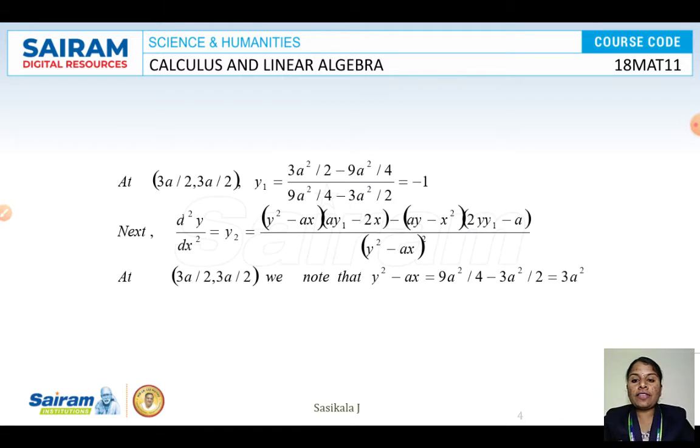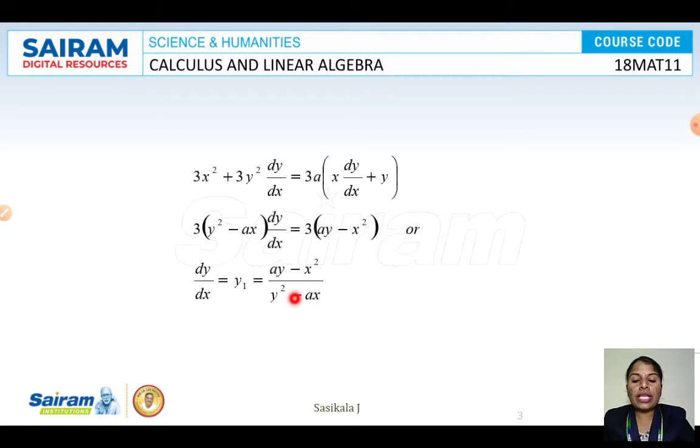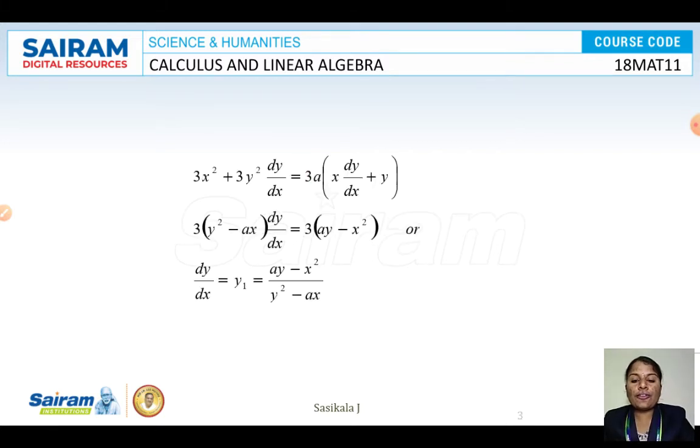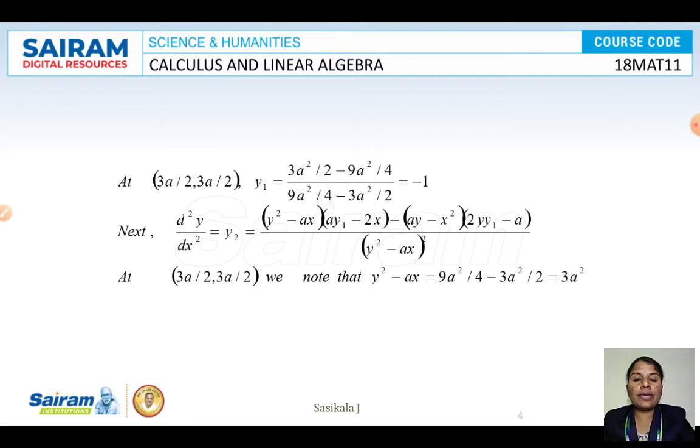So what is the next step? Immediately we are going to substitute at the point (3a/2, 3a/2). So y1 is equal to a into y, so a into 3a by 2, it will become 3a squared by 2, minus x squared. x squared is 3a by 2 the whole square, it will be 9a squared by 4.